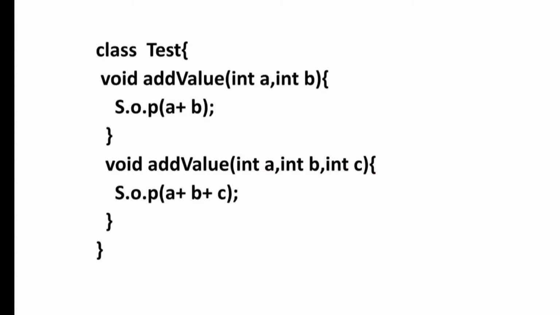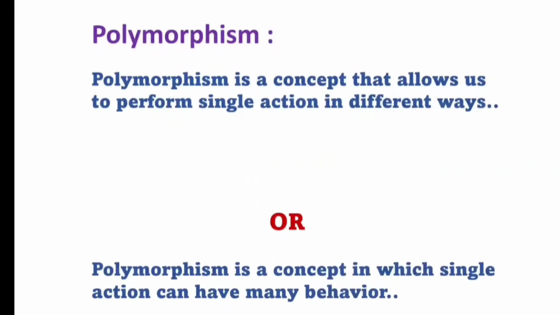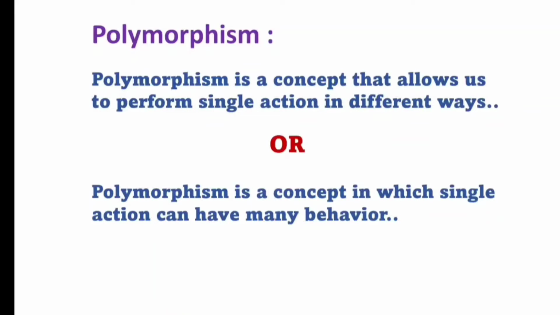That means the action is the same, that is addition, but the behaviors are different, that is, a single action can have different behaviors, or we can say a single action can have many behaviors, and the meaning of polymorphism itself is many behavior. So basically, polymorphism is a concept in which a single action can have many behaviors. So either you can define polymorphism like this, or you can define polymorphism like this also.